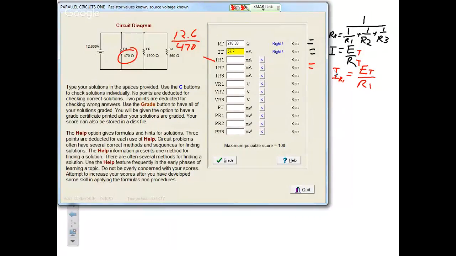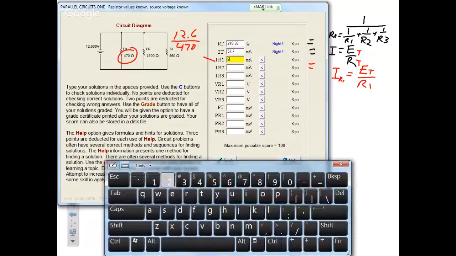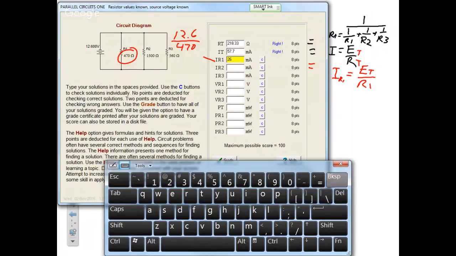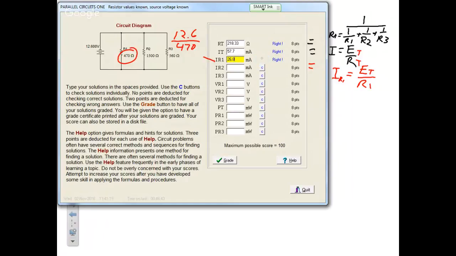I'm going to say it's 26.8 milliamps. That's what it's asking for. We'll enter 26.8 and check that. And that says correct.